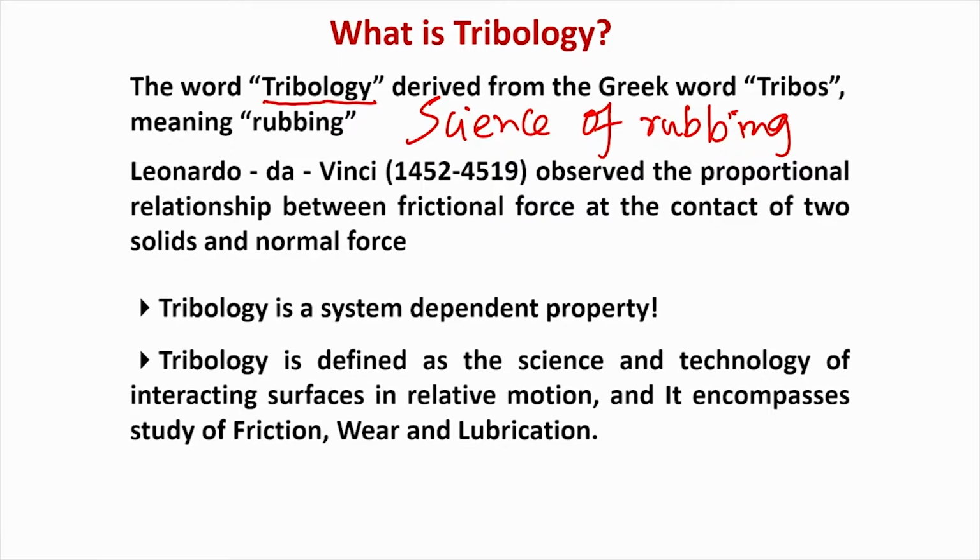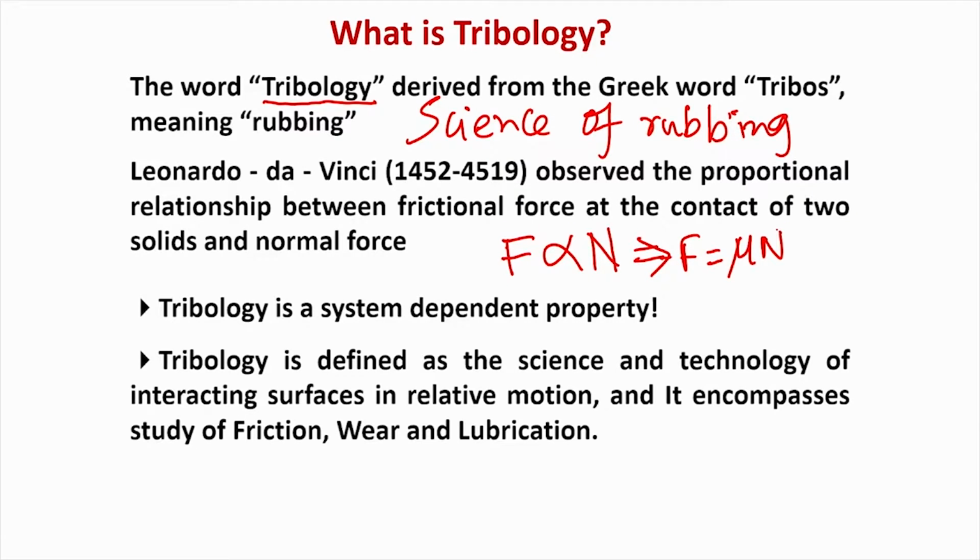A little bit of historical perspective: Leonardo da Vinci observed for the first time a couple of centuries back that the frictional force at the contact of two solids is proportional to the normal force. If the frictional force is capital F, and N is the normal force, this gives rise to the equation F = μN.